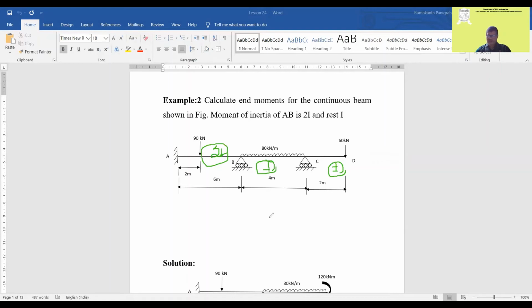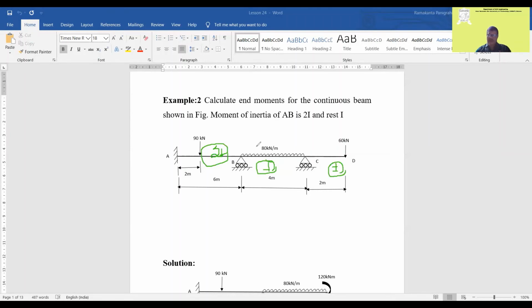Like the previous problem, first we'll find out the kinematic indeterminacy of these things. Now this problem can be made equivalent: 60 into 2 is the moment acting here.